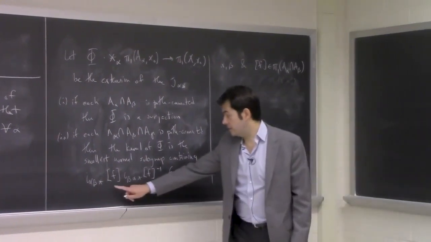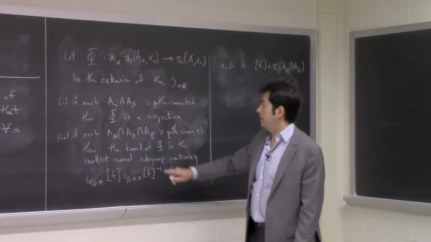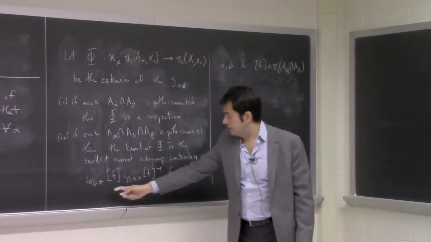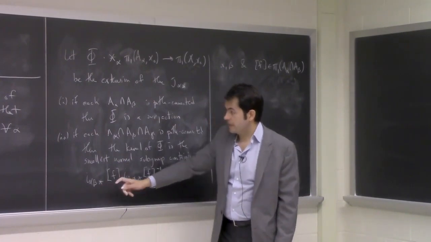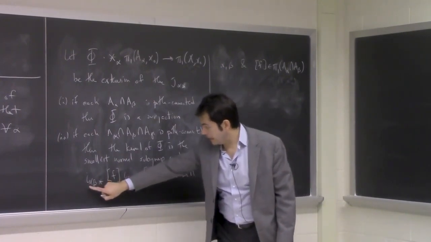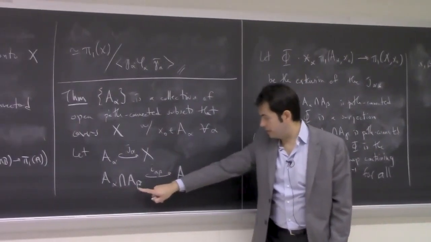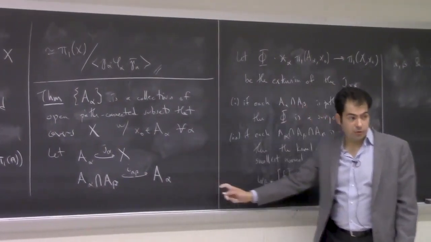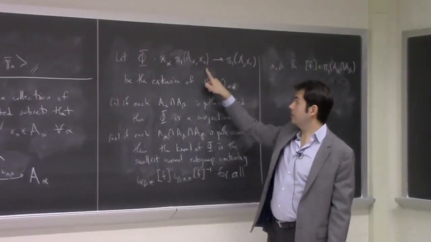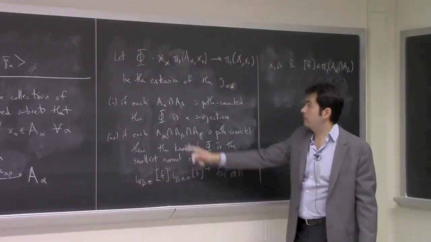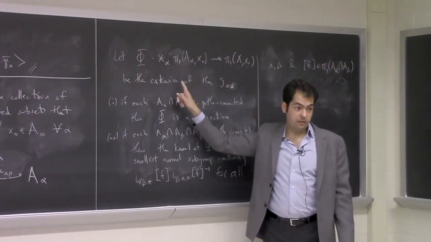This is the product in the free product, right? So I alpha beta goes from A alpha intersect A beta into A alpha. So this is an element in the group for A alpha, and this is an element in the group for A beta.